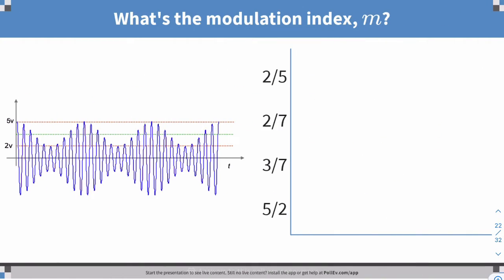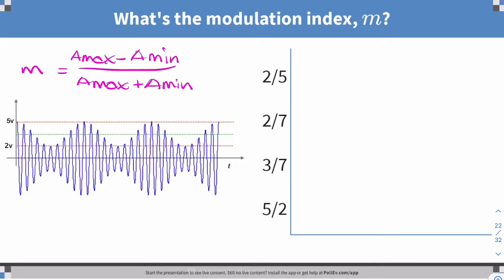So, quick question for you. Looking at this signal here, can we find the modulation index? So remember, the modulation index is the ratio of the difference, so it's A max minus A min divided by A max plus A min.